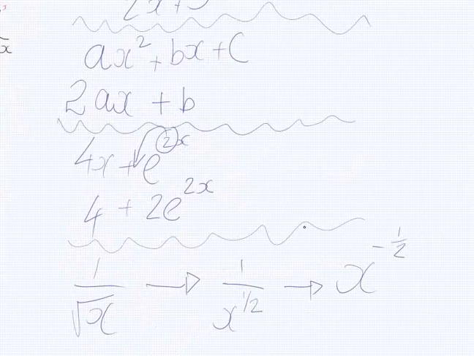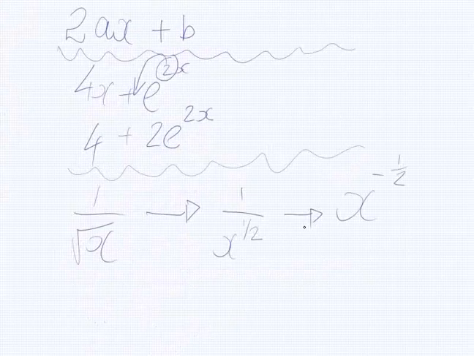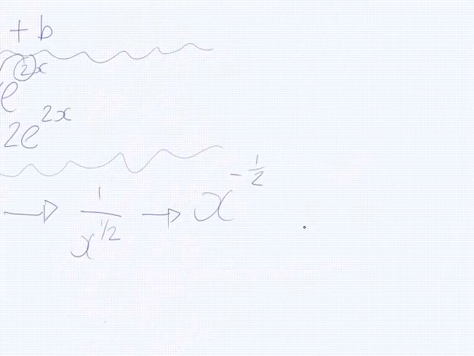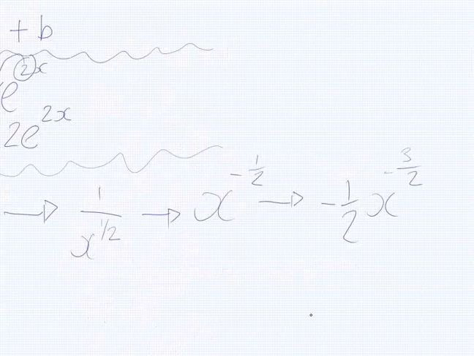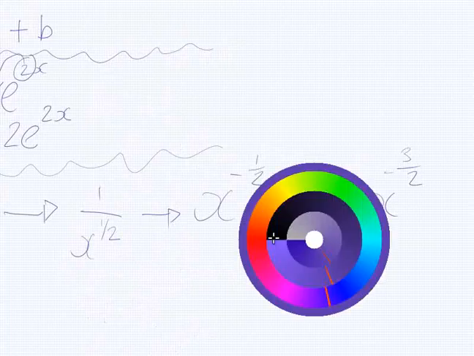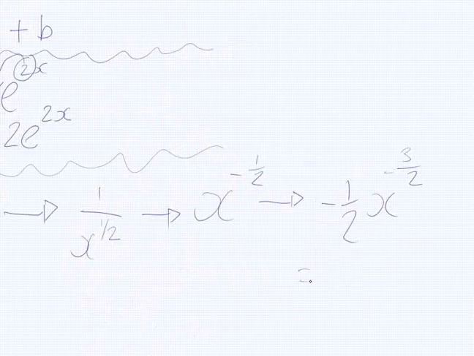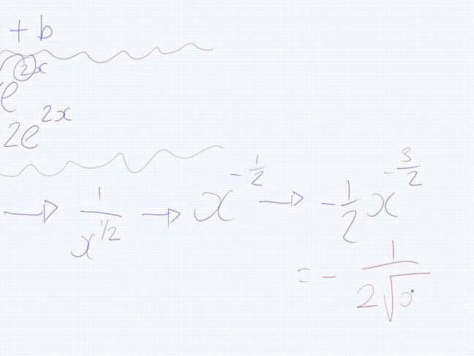Now I can use my rule. The rule is you bring the power down and then you minus 1 from the power. And then that's the answer. If you like, you can write the answer in this form, which is the same thing, of course.